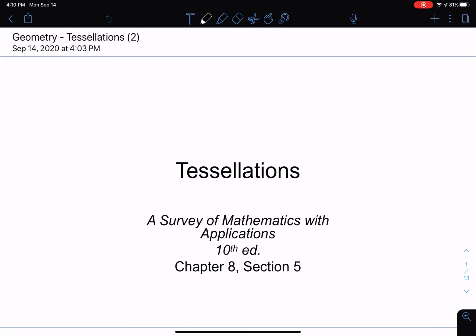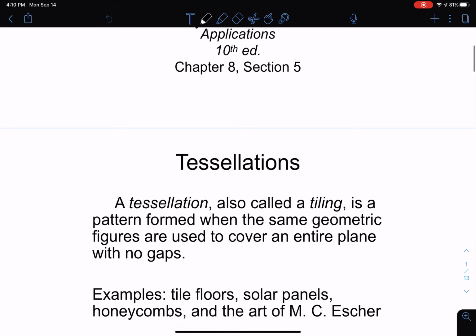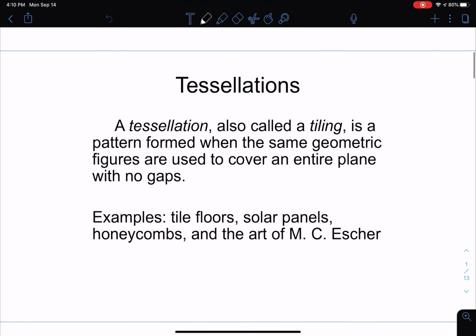But in the meantime, let's tell you a little bit of background information about tessellations. A tessellation is also called a tiling. And if you're like me, you immediately get a little picture in your head. Now here, tiling, I picture first a bunch of square tiles on a floor. Then I start to picture, like in downtown Tampa, Ybor City area, the Spanish tiles that might be in some of the restaurants or other buildings there.